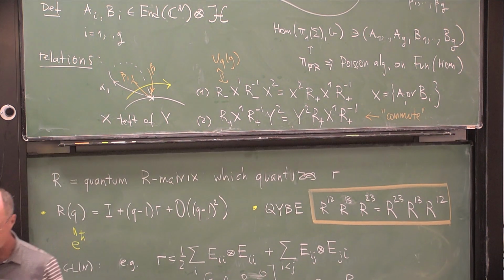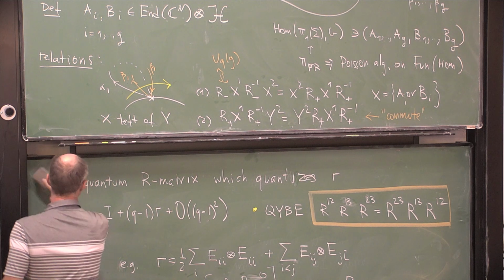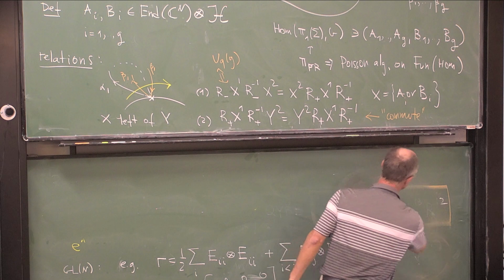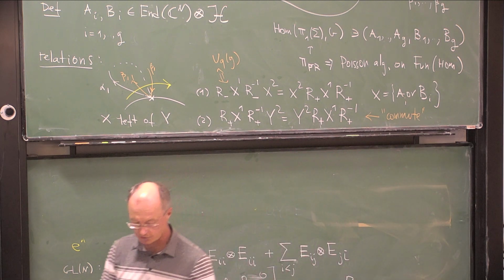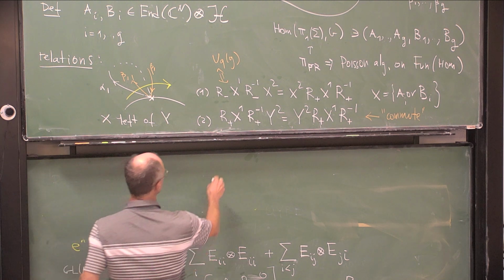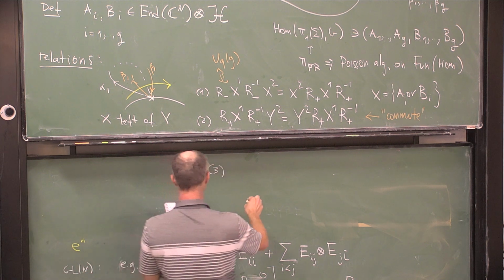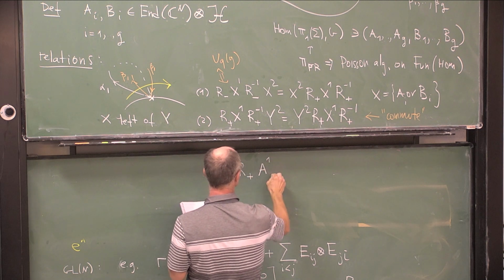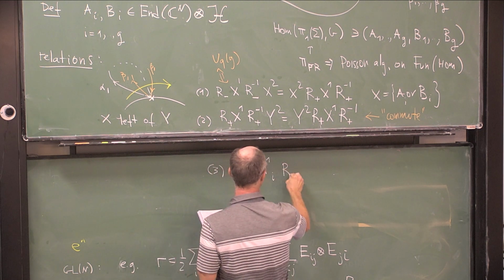And finally, for completeness, I write for you one more relation. I think when those relations were written, this one was sort of new, but that was long ago. So relation 3: what happens if you have A and B from the same pair?